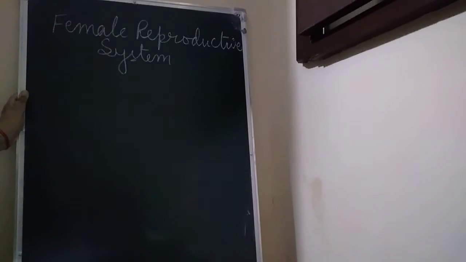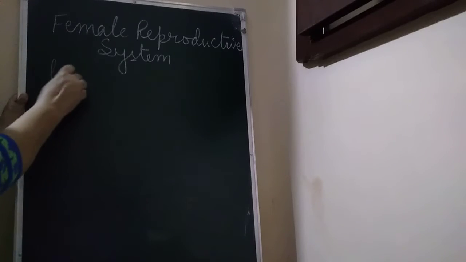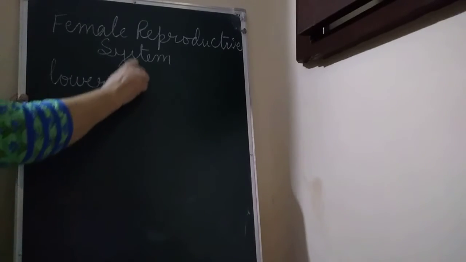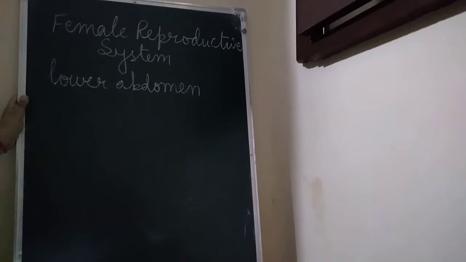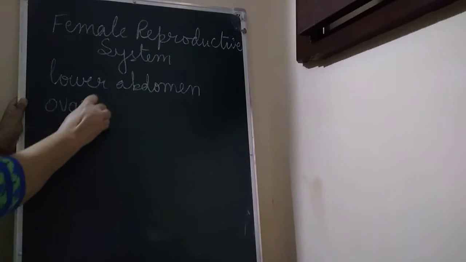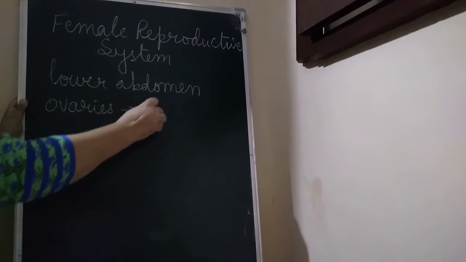They are located in the lower abdomen. The ovaries produce ovum.